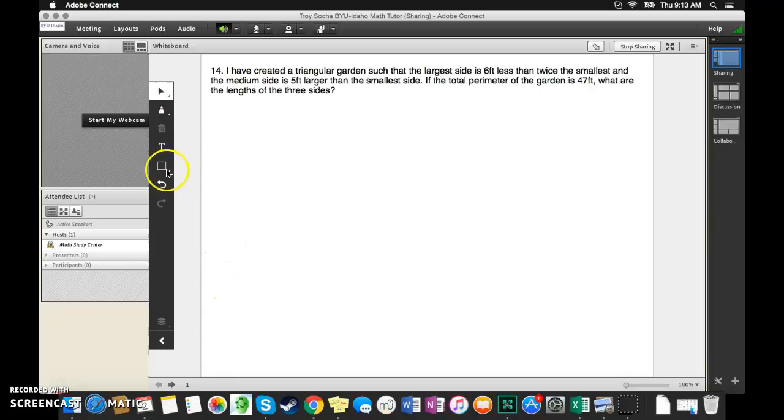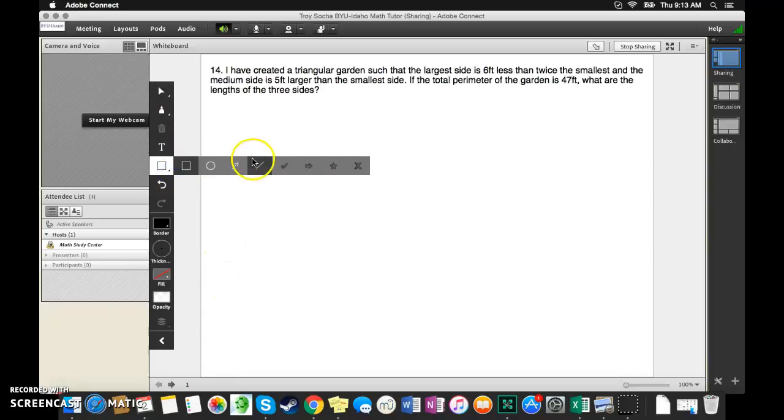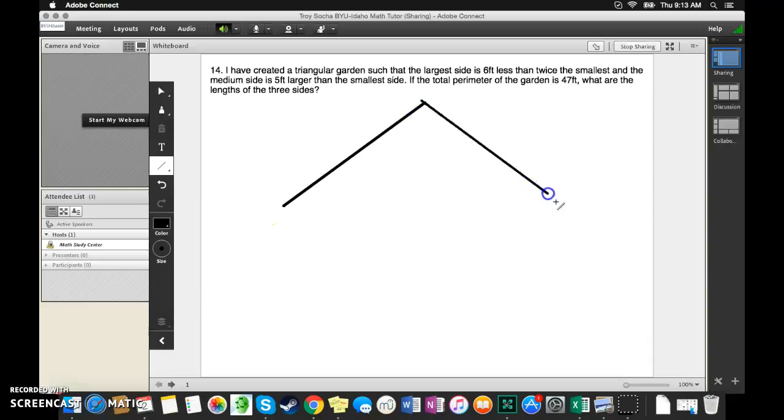Alright, so we know something right off. We know that we have a triangle, so we're going to build a triangle here. All right, now this says that we know the smallest side, so we're going to call that smallest side x.